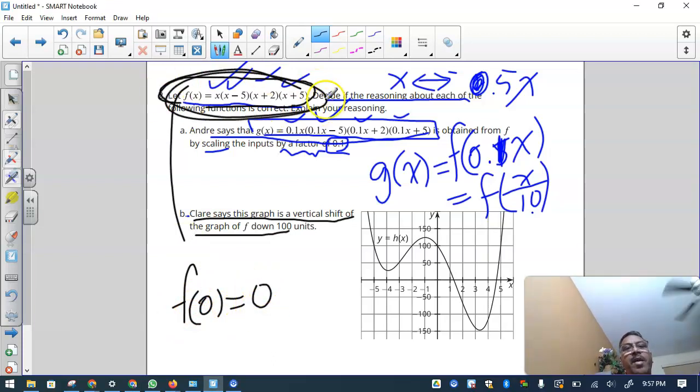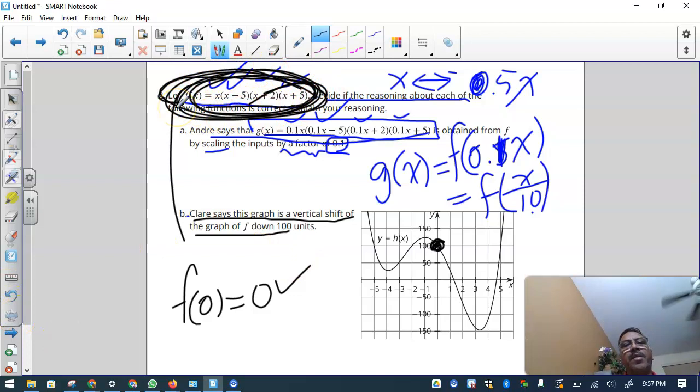So this graph has a y-intercept of 100, and the original has a y-intercept of 0, so how can it be? The original graph that you see here passes through these points.